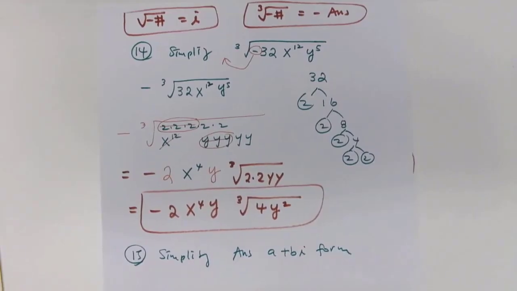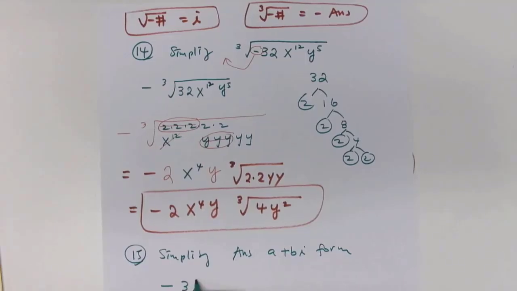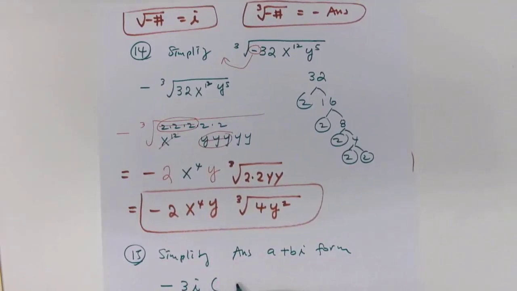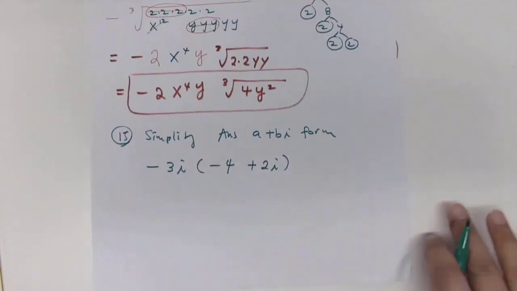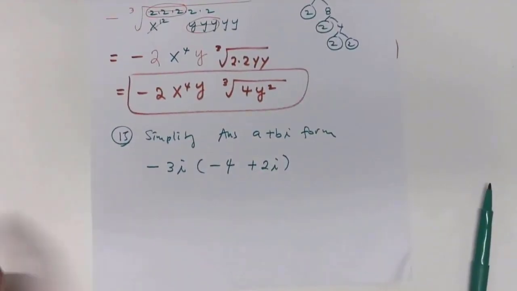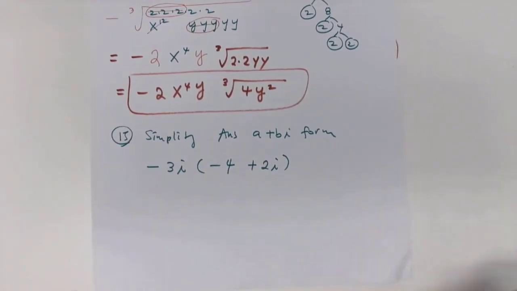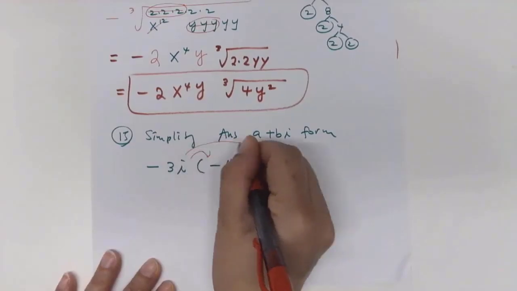So one of them we have is negative 3i times negative 4 plus 2i. Okay. So this is just multiplication, right? This times this and this times this.